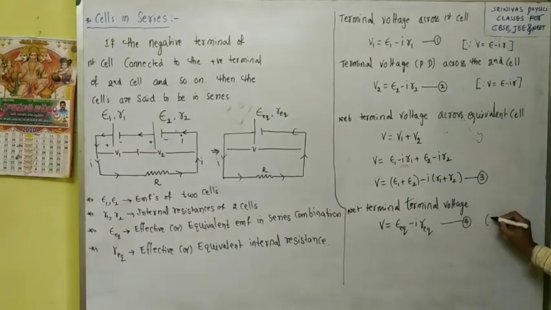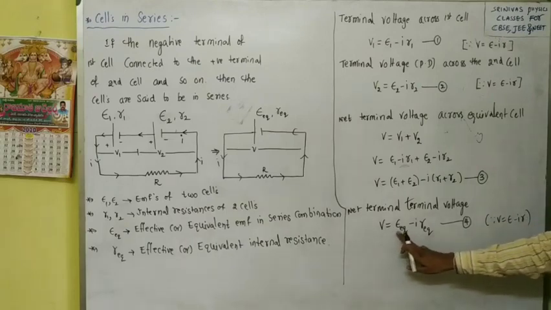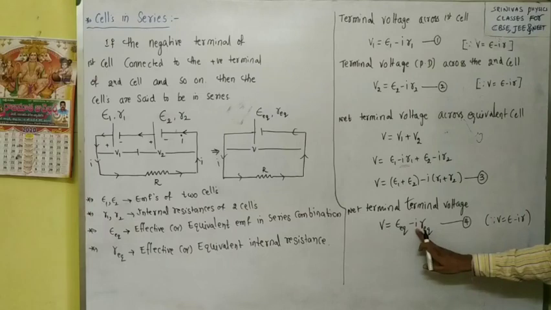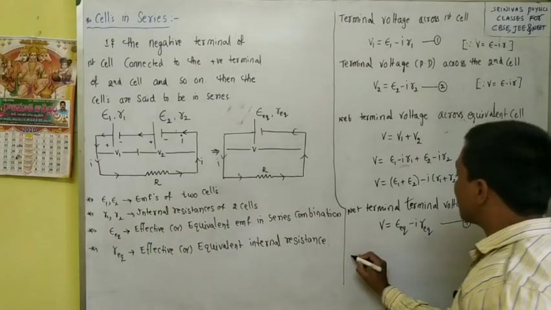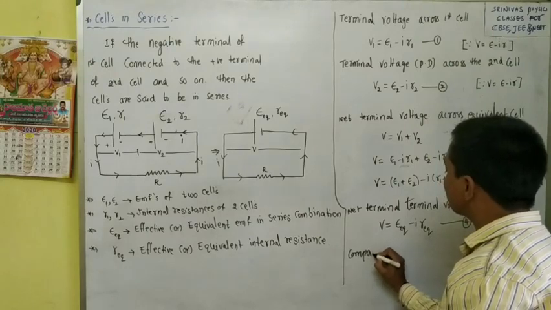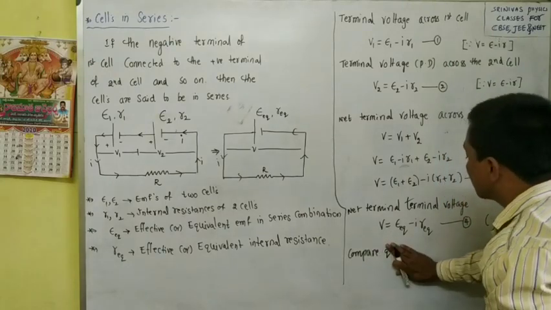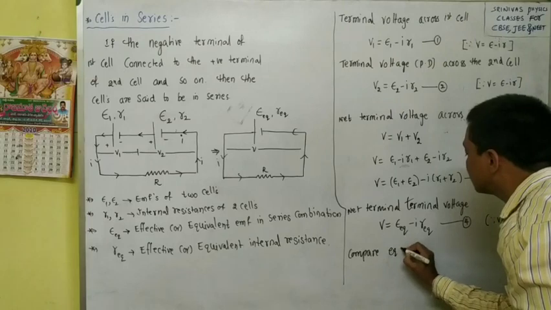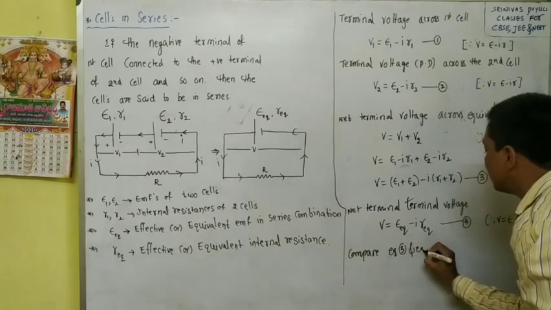I am writing this from the formula V is equal to E minus IR. Here the net voltage means the net EMF minus the net current into the net resistance. Compare equation 3 and equation 4.